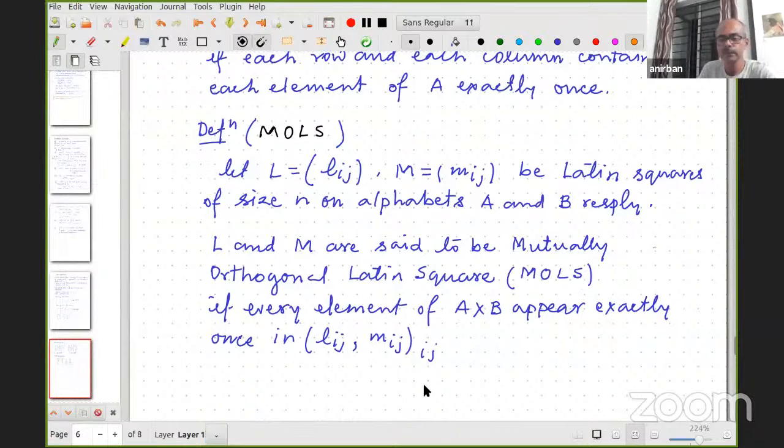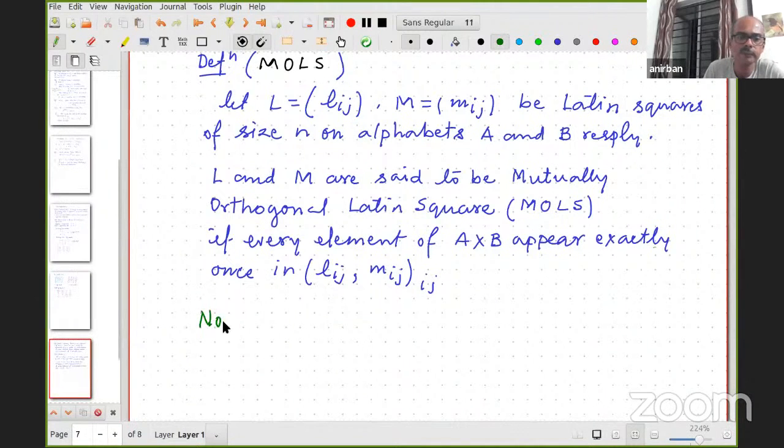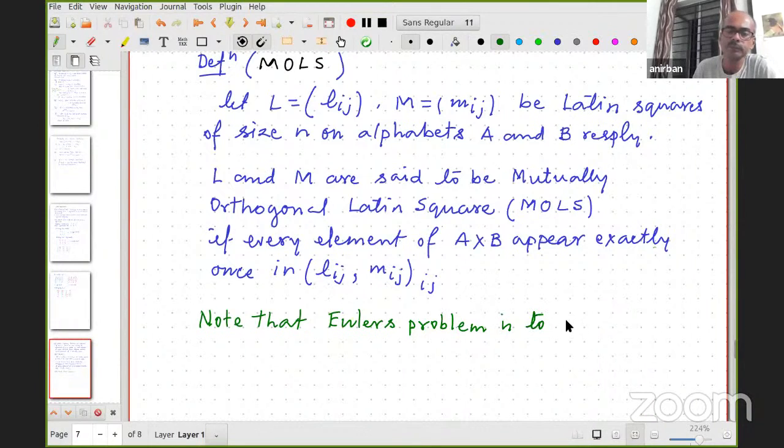So Euler's problem. Just notice this, I'll change color for emphasis. Euler's problem is to find two MOLS, mutually orthogonal Latin squares of order 6.